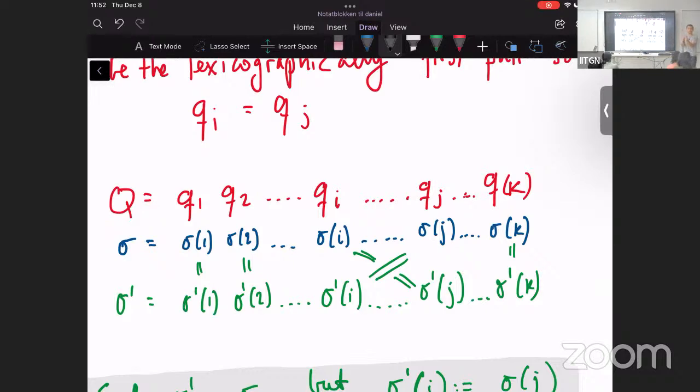And you flip the label that it got the first and the second time that it got visited. So you're not changing the walk, you're only changing the labeling. Precisely because you don't change the walk, you only change the labeling.